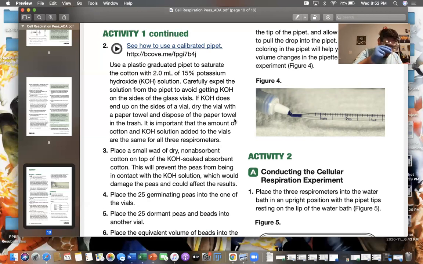There should be no reason why you have to wipe the sides of the vial. It's nice steady movements, slow ejection of the liquid. The KOH.